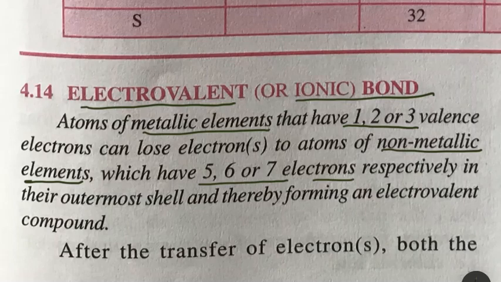So if 1 electron is given to the atom which has 7, when this is lost from the outermost orbit, the second last orbit will have 8 electrons, isn't it? So they attain octet configuration.